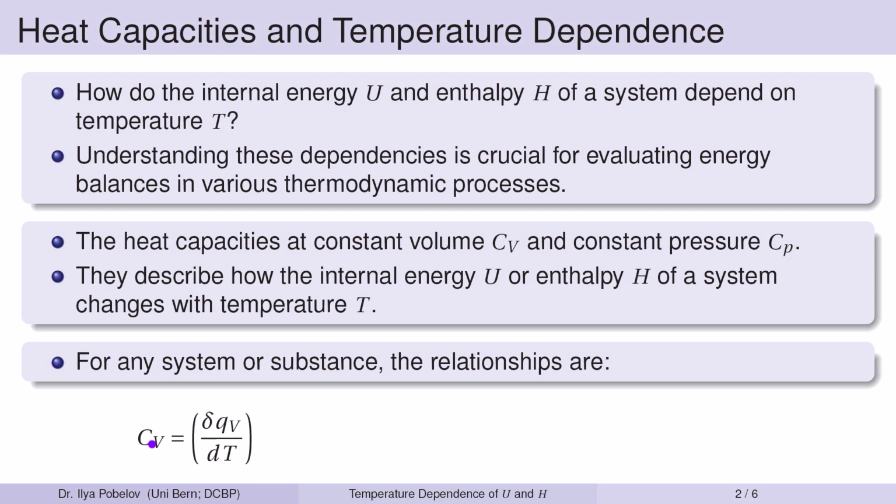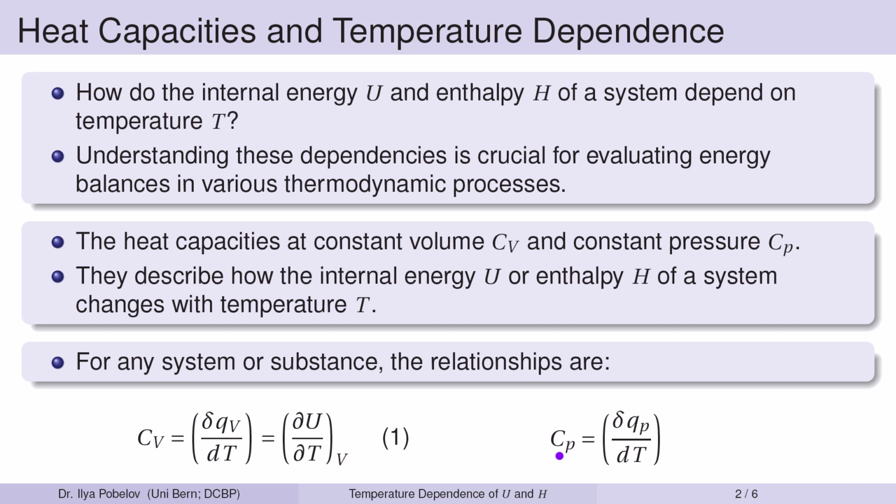The heat capacity at constant volume, CV, is defined as the partial derivative of the heat added at constant volume, QV, with respect to temperature T, and is also equal to the partial derivative of internal energy U with respect to temperature T at constant volume V.